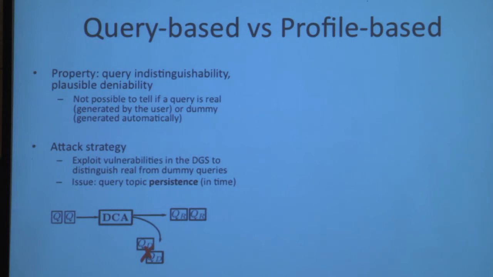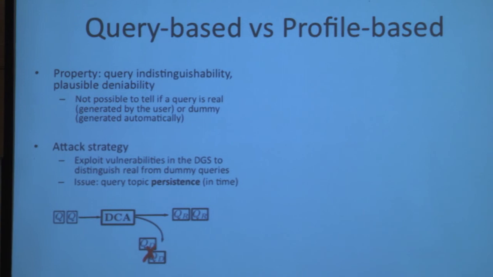So even if on a query-by-query basis, it is hard to distinguish whether it is real or fake, real queries are likely to have somehow a logic to them. You look at the queries and you say, okay, this person looked for this, and then they looked for this, and then they looked for this.